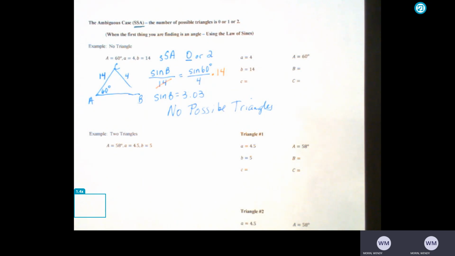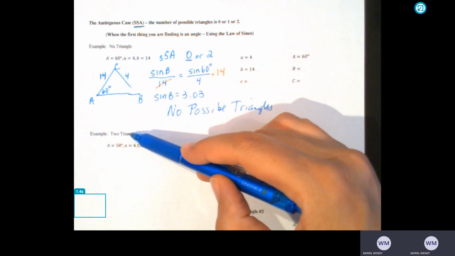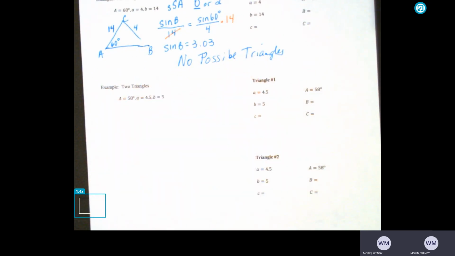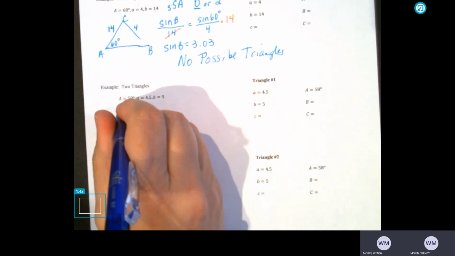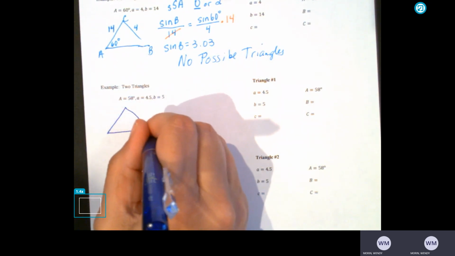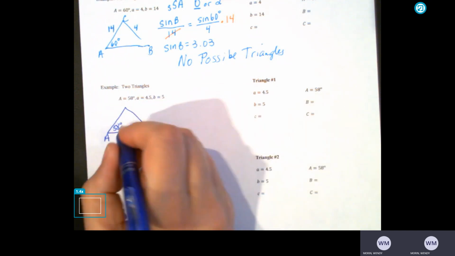Okay. Well, let's look at the option when there are going to be 2 triangles. I already told you there was going to be none. On here, there's going to be 2. So again, let's draw our picture here. Again, just drawing a generic triangle. I have angle A, which is going to be 58 degrees.